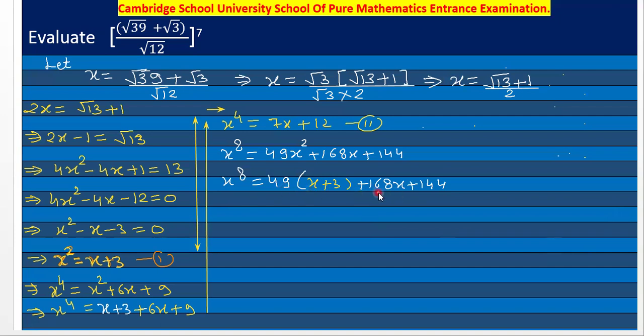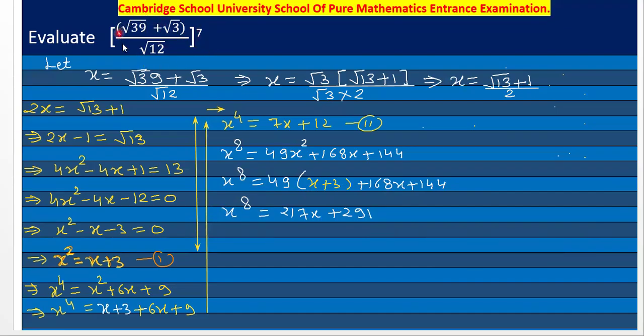On addition, the left hand side is x power 8, and that is 217x, and 49 times 3 plus 144 is 291. So this is the value of x raised to the power 8, but we need the value of x raised to the power 7.